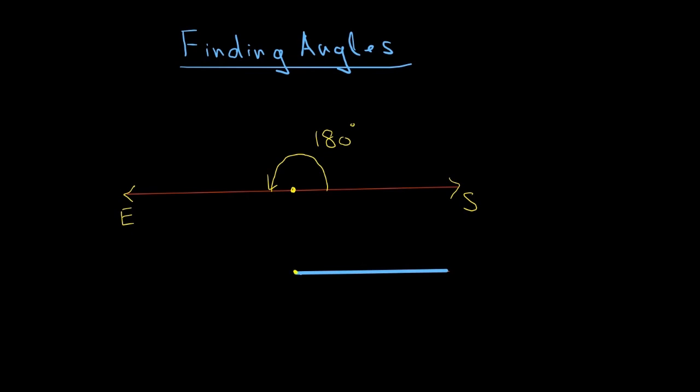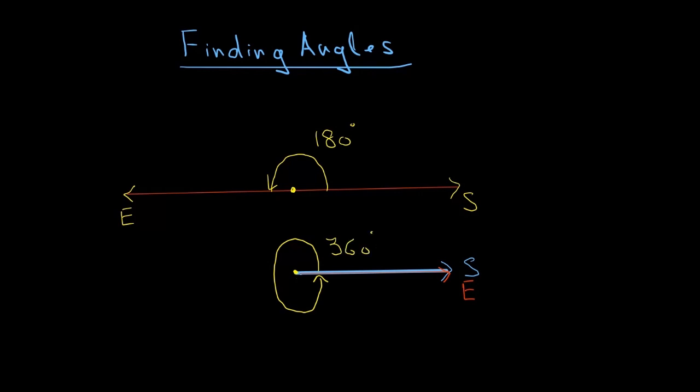Okay, and now I'm going to rotate, and I'm going to come back right over here. So I'm going to rotate, and this red line represents the ending direction. So what that means is that my starting direction is here, and my ending direction is also here. So what I did was I actually turned, I didn't just stand here, I turned and went all the way and came over here. So this angle is 360 degrees.